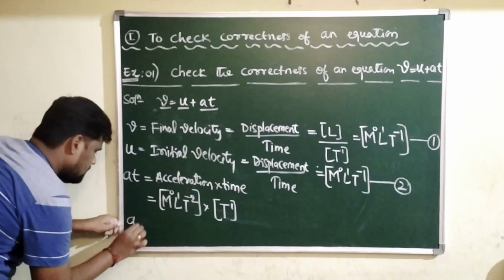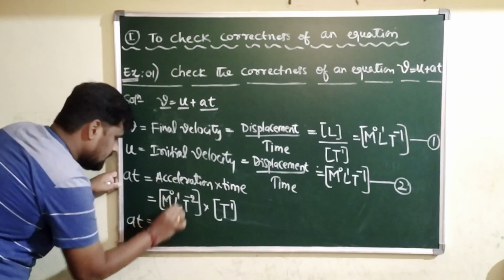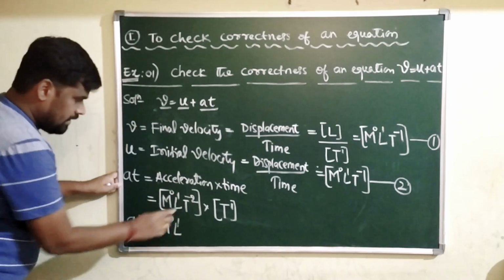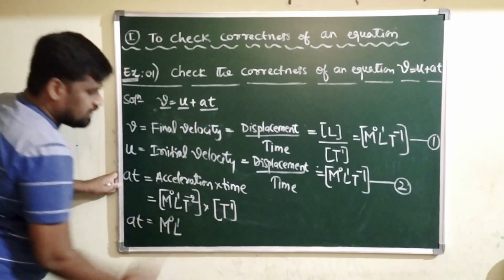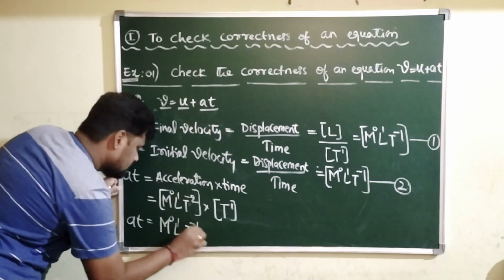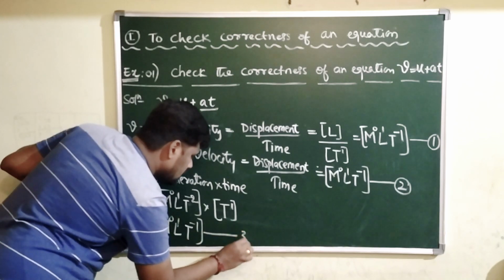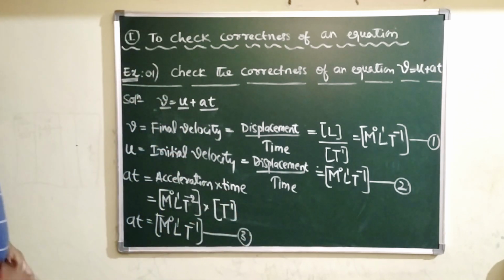Simplify here: At equals M⁰ L¹ T⁻² times T⁺¹, so total, T⁻¹. This is the dimensional formula for the third term in the equation.